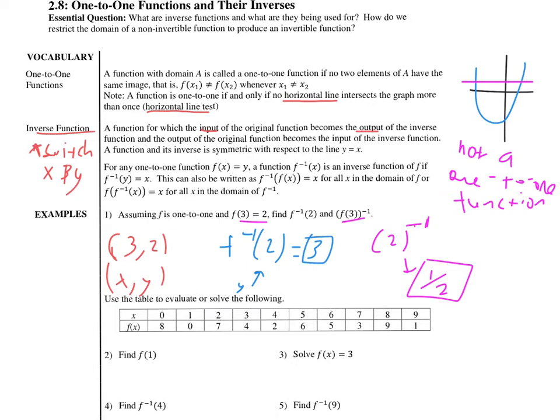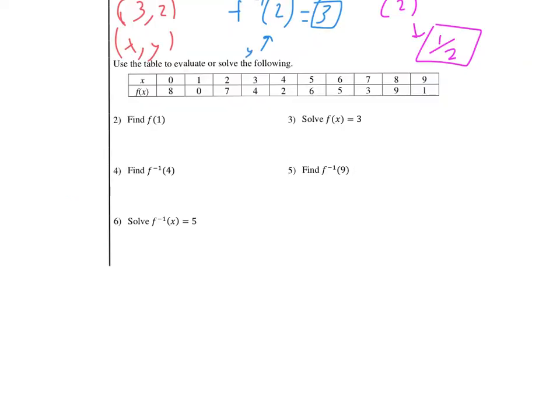The thing to point out is that when the negative 1 is right after the f, that is referring to inverse. But when the negative 1 is not right after the f, it is an exponent, and a negative 1 exponent means take it down to the denominator. It's important to understand that distinction, so that's why these two problems are right next to each other.